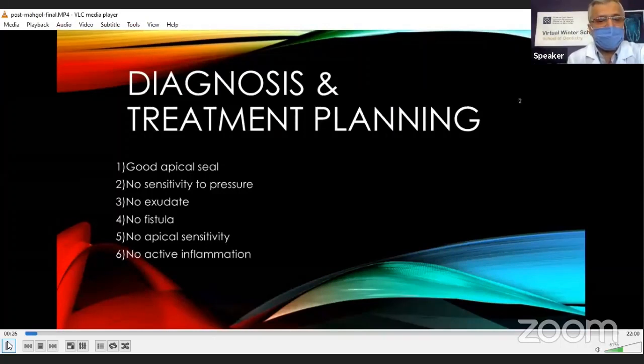Before starting any procedures, we must observe the teeth and evaluate some parameters. For example, a good apical seal must be present, with no sensitivity to pressure, no exudate, no fistula, no apical sensitivity, and no active inflammation.